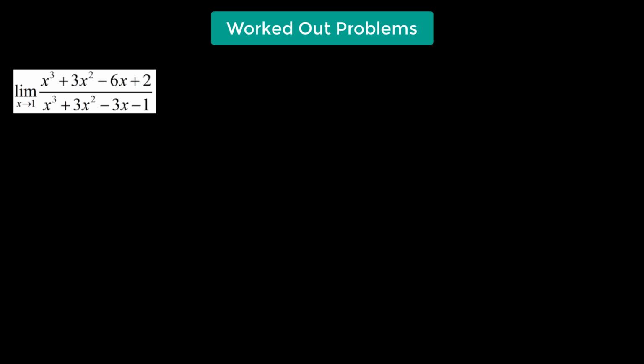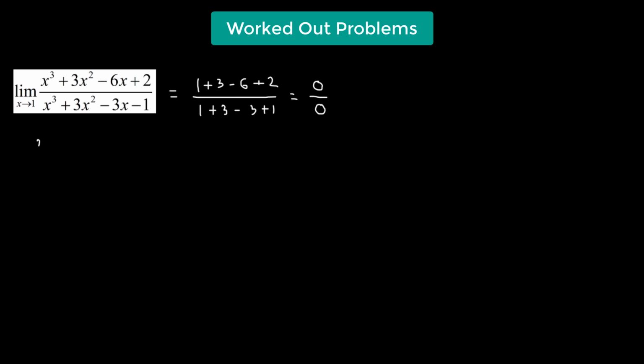So first things first, we have to substitute the value of x with 1. So we have 1 plus 3 minus 6 plus 2, divided by 1 plus 3 minus 3 plus 1. So that gives us an indeterminate form, which is 0 over 0.